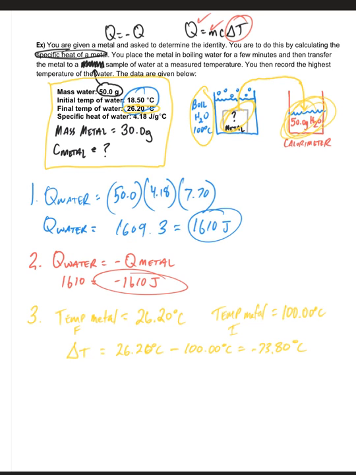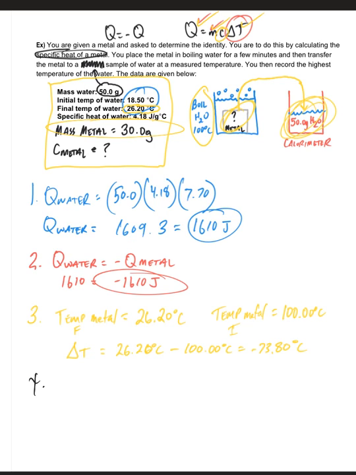So if we check back in on our Q equals MC delta T equation for our metal, we have the Q, we solved that in step 1 and 2, we just solved for delta T, and we have the mass of the metal that was given to us in our original data. So now we are ready to finally solve for that specific heat of the metal.